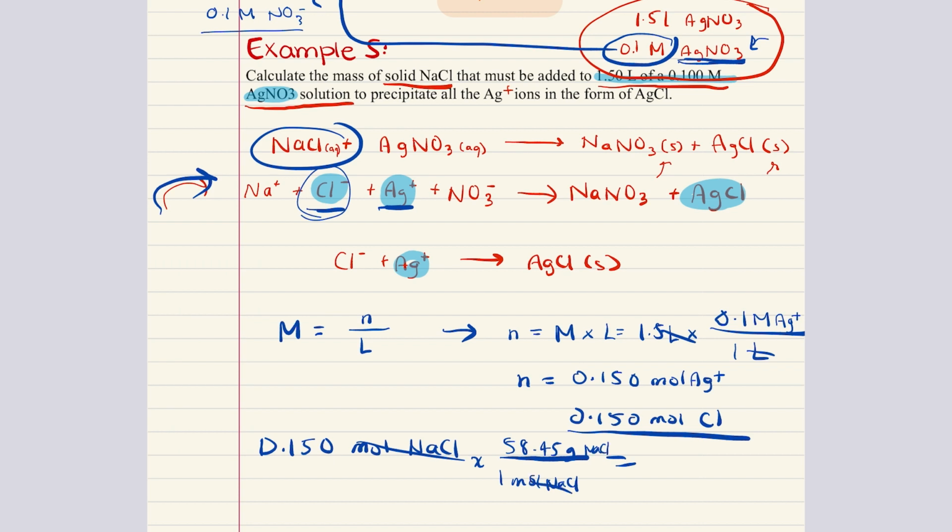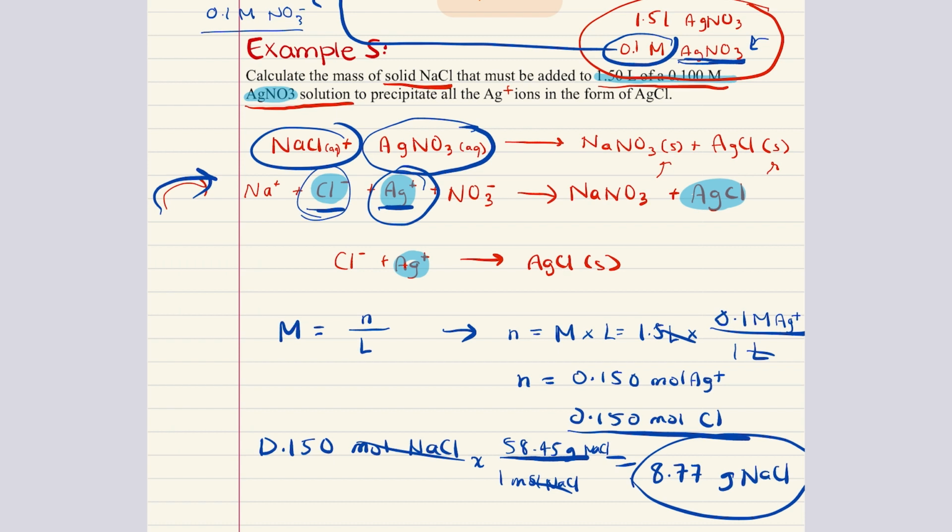We get our answer in grams of sodium chloride, and the answer is 8.77 grams of sodium chloride. We need 8.77 grams of sodium chloride to be added to 1.5 liters of 0.1 molar silver nitrate solution to precipitate all of the silver ions in the form of silver chloride.